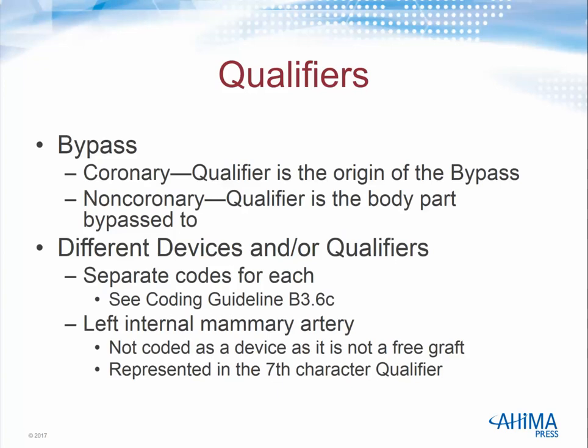Qualifiers in the circulatory system have a unique component, which you'll see when we look at the exercises for bypass procedures, specifically CABG, for example. There is also guideline B3.6C that talks about separate codes for different devices and our qualifiers.